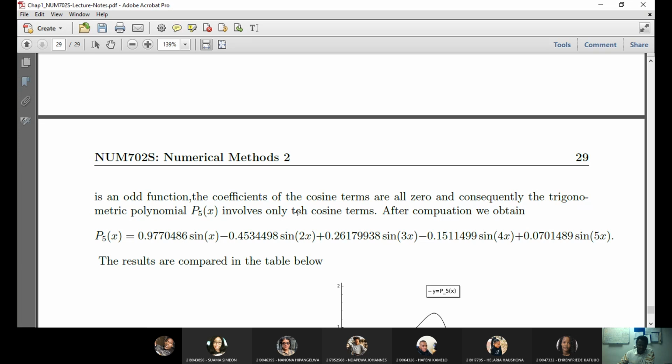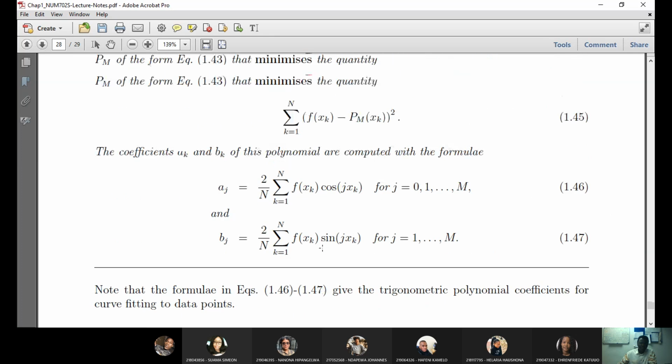So this should be sine, not cosine, the sine. Please correct that. It only involves sine terms because all the cosine coefficients are 0. All right, so this is what we will get if you compute this.